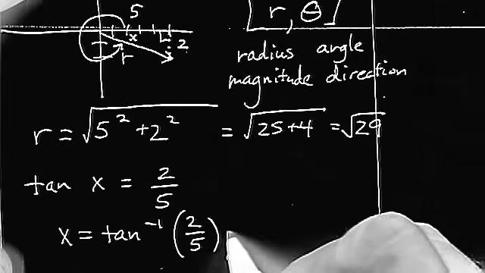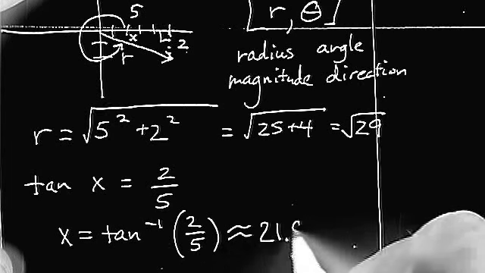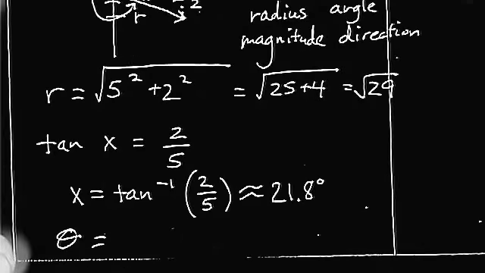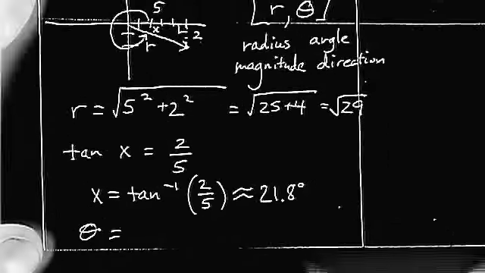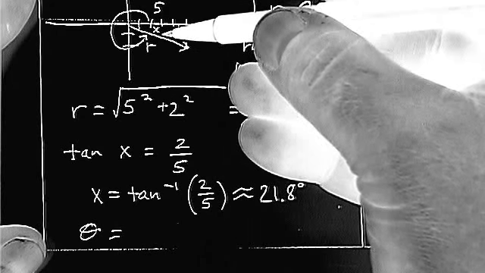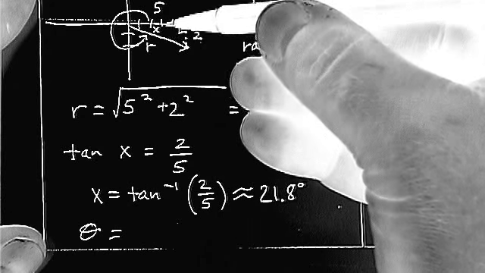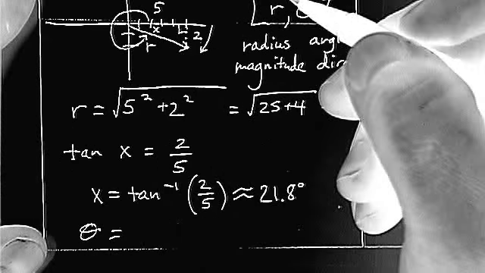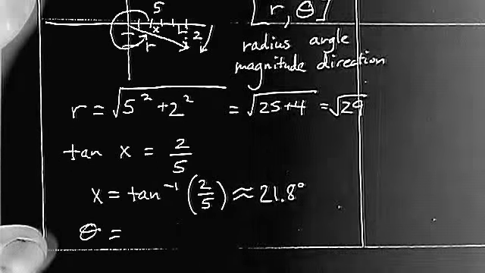Now that's x, right? That's not theta. Theta is the angle measurement I'm looking for. Theta, we said, was bigger than 270 degrees. So in other words, I'm going to take this 360 and I'm going to come backwards 21.8.